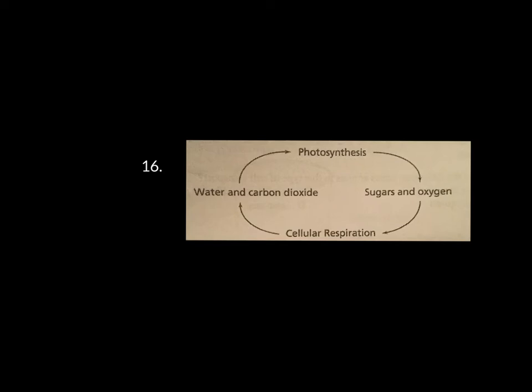C. The reactants of photosynthesis are the products of cellular respiration. And letter D. The products of photosynthesis are carbon dioxide and water to be used in cellular respiration. In this diagram, you have photosynthesis, sugars and oxygen, cellular respiration, water and carbon dioxide, back to photosynthesis.